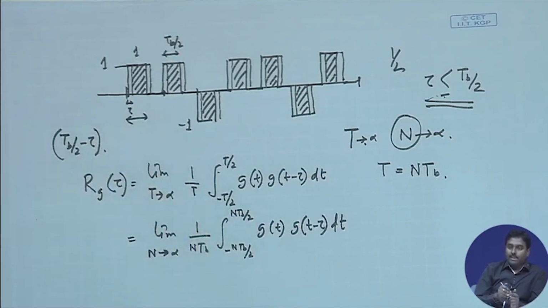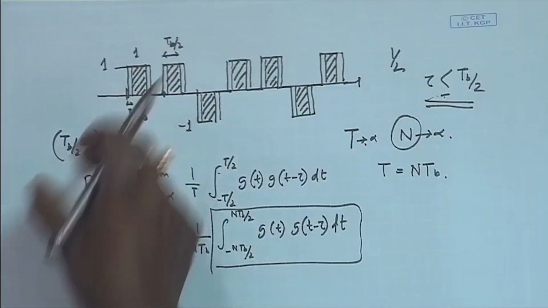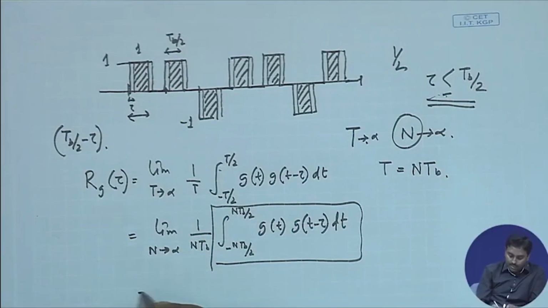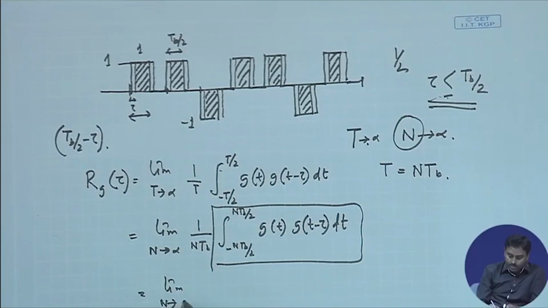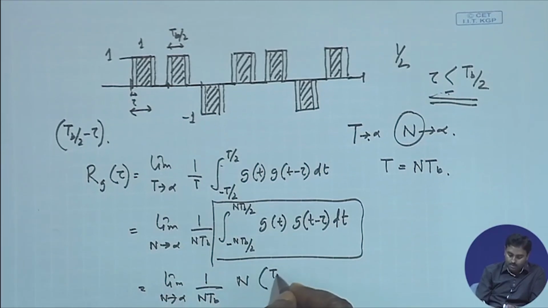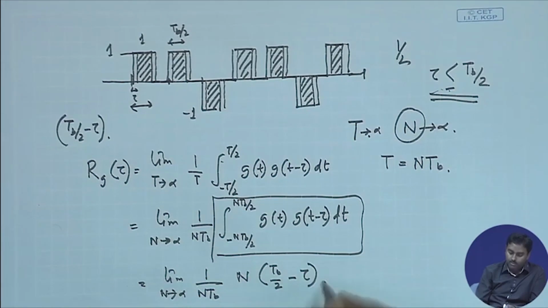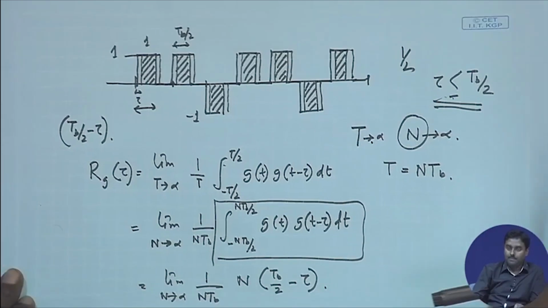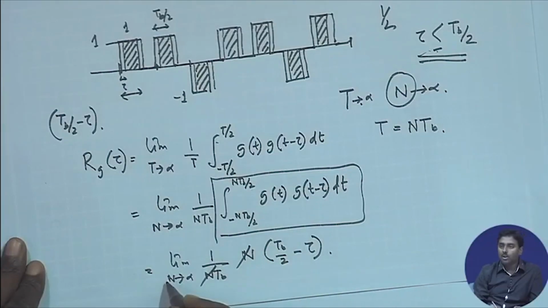How many such pulses will I be getting? N number of. So this whole integration I can write as n into this area. So I can write limit n tends to infinity 1 by n Tb, n into Tb by 2 minus tau. Now the n gets cancelled, so my limit is no longer required, because nothing else is putting a limit on n.